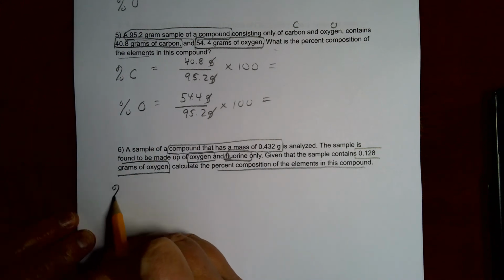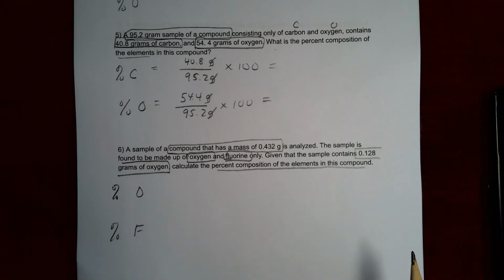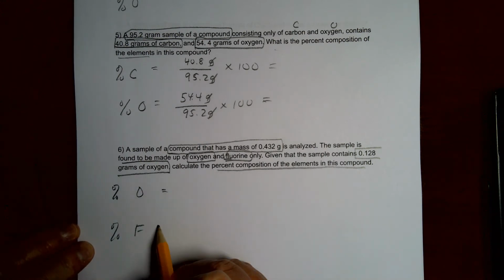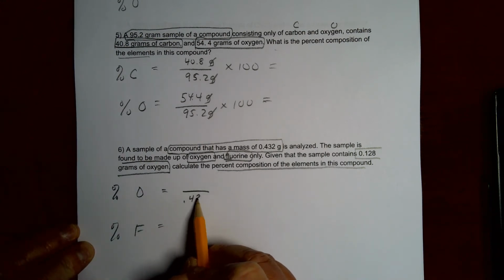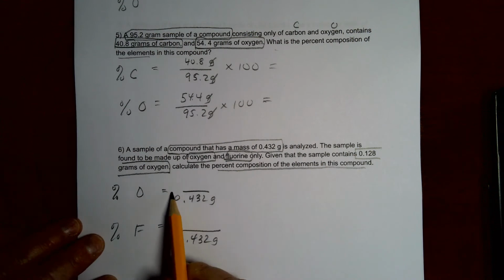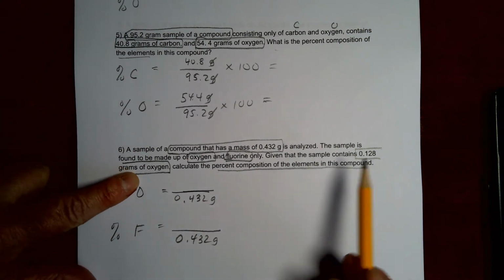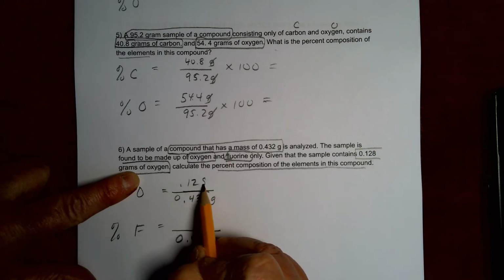So that means we need to find percent oxygen and we need to find percent fluorine. So we know the compound mass is 0.432 grams. So I'm going to set those up for both of my compounds. They're telling us the mass of the oxygen is 0.128 grams.